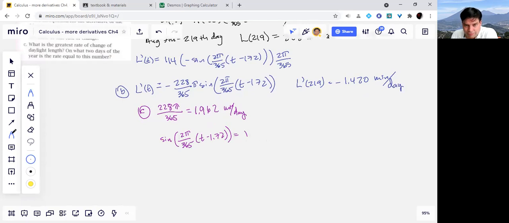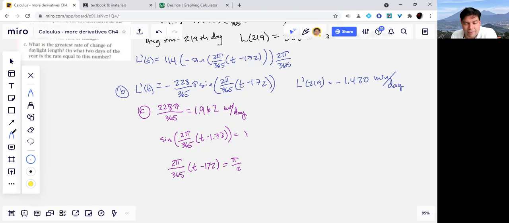We apply the inverse sine to 1, and that is simply pi halves. The sine cancels, so we get that 2 pi over 365 times t minus 172 (again, I wrote 1.72, it's 172) must equal pi halves, because that's when the sine is equal to 1.